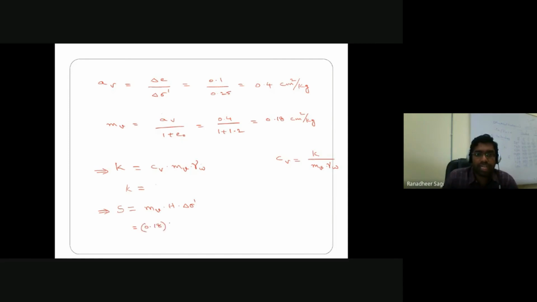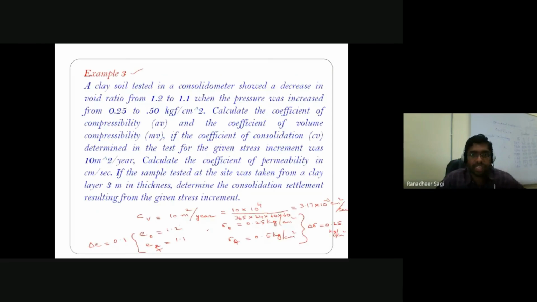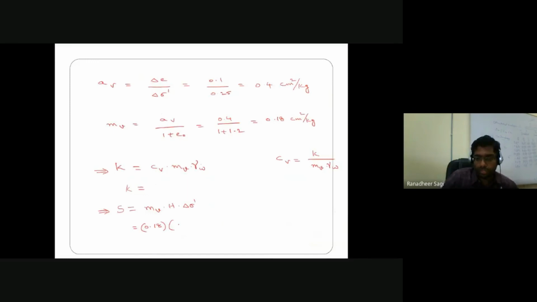The height is that of the original clay layer in the field, which is 3 meter thickness. I am converting 3 meter into centimeter because the other data is in centimeters, so 3 into 100. The increment in stress is 0.25 kg per centimeter square.